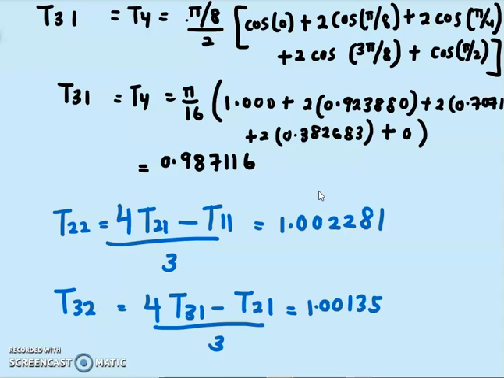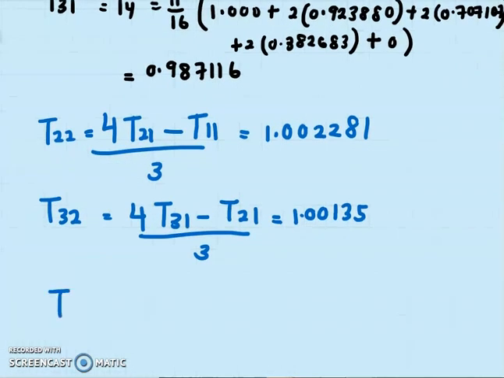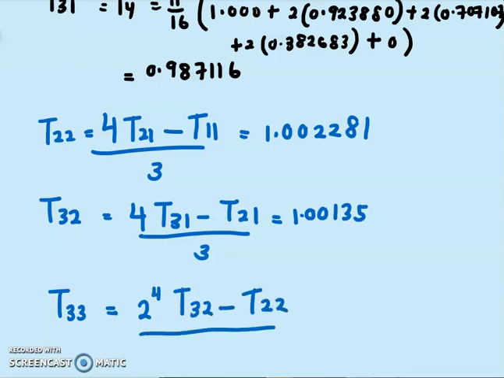1.00135. And then lastly, our best approximation, T33, is obtained by, now if this is order 2 to the power of 2, this one will be 2 to the power of 4. So T32 minus T22 divided by 2 to the power of 4 minus 1.